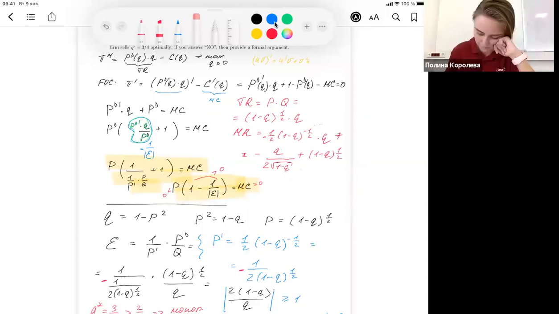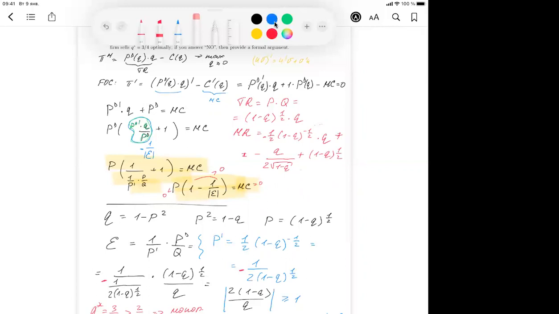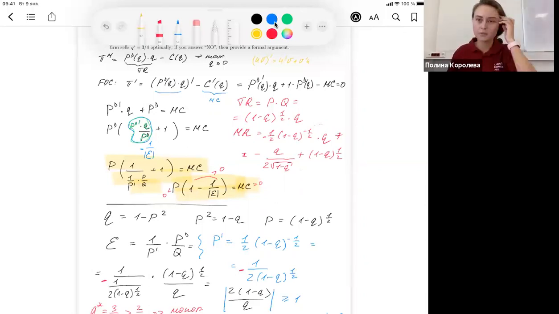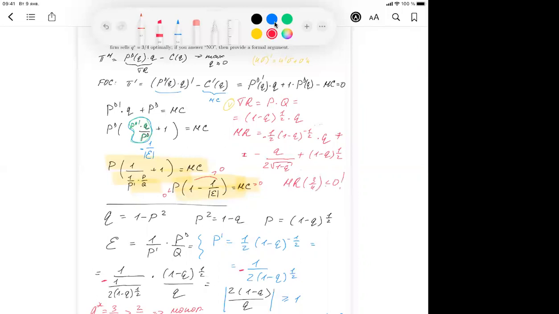А marginal cost не может быть отрицательным числом. Да, тоже хорошее решение, супер, давайте галочку поставим. И скажем, что MR, которое мы посчитали для 3/4, если подставить, получается меньше нуля, минус 1/4.